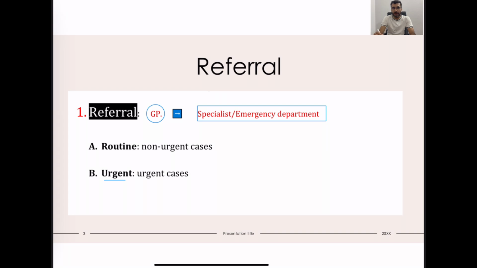In urgent referral, take the similar example. The patient has had diabetes for the last 10 years, and suddenly he has developed diabetic ketoacidosis, DKA. So that's an emergency. So you will refer the patient urgently to a hospital, normally to an emergency department. So that will be an urgent referral.